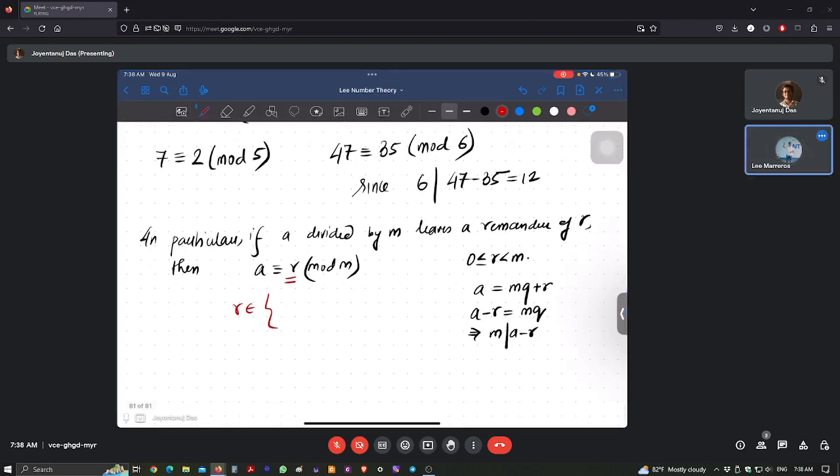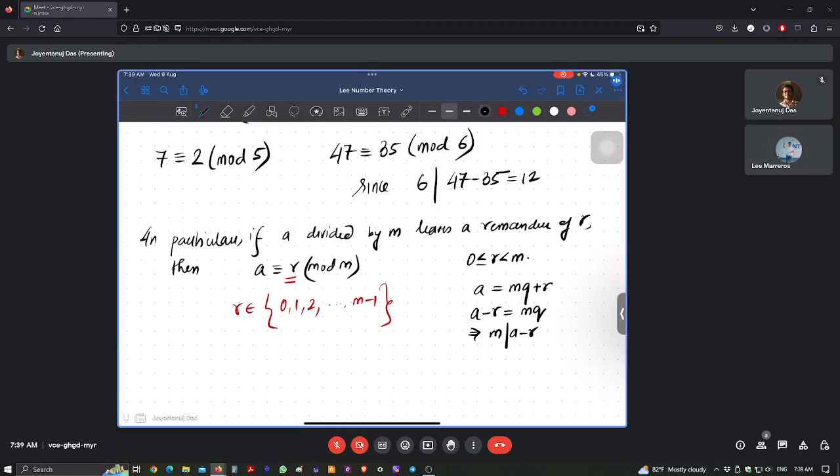For example, suppose I divide any number by 5, what are the possible remainders there? From 0 to 4, right? So 0, 1, 2, 3, 4. All of them can occur. So when I divide by M, the possible remainders are 0, 1, 2 up to M minus 1.